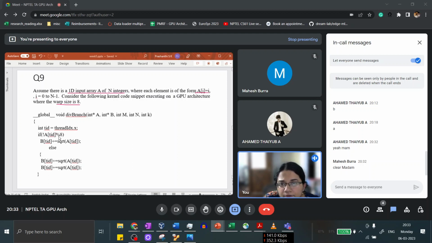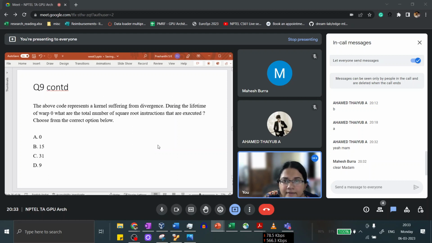If not of A[tid mod 8], B[tid] += sqrt(A[tid]), else you add this once and then add again the square root of A[tid]. The above code represents a kernel suffering from divergence.